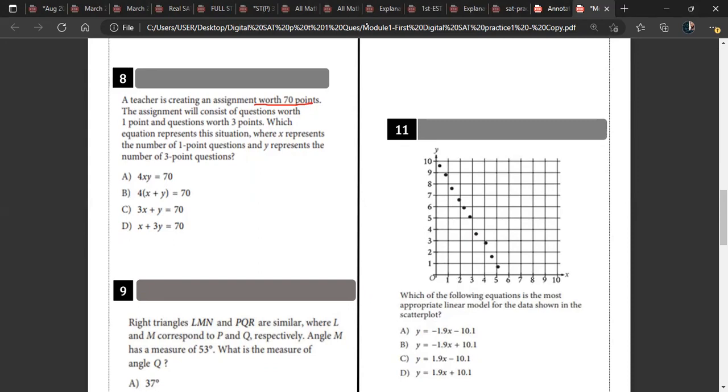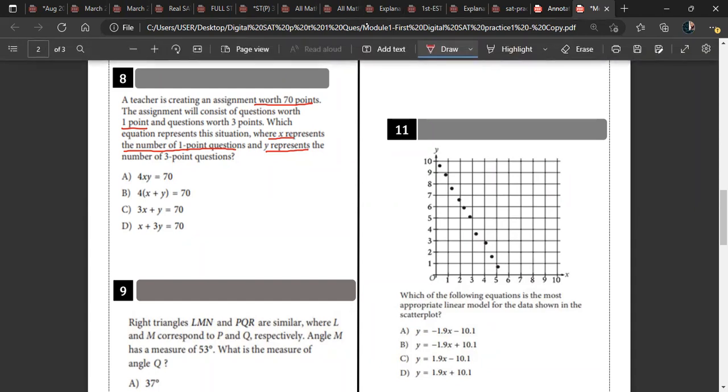The assignment will consist of questions worth 1 point each, and questions worth 3 points. Which equation represents the situation where x represents the number of 1 point questions and y represents the number of 3 point questions? So here he gives you these choices A, B, C, D.